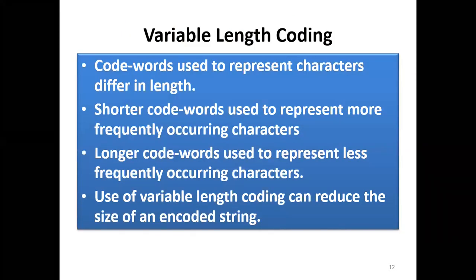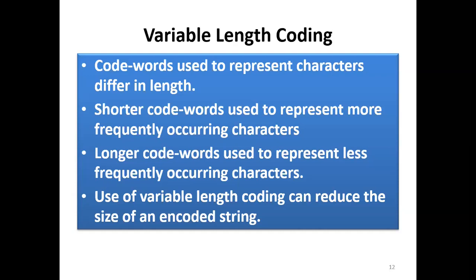Apart from fixed length coding, we can also perform variable length coding. In variable length coding, we use code words to represent the characters depending on the frequency of occurrence. Those characters with higher frequency of occurrence will be represented with shorter code words, and those with lower frequency of occurrence will be represented with longer code words.